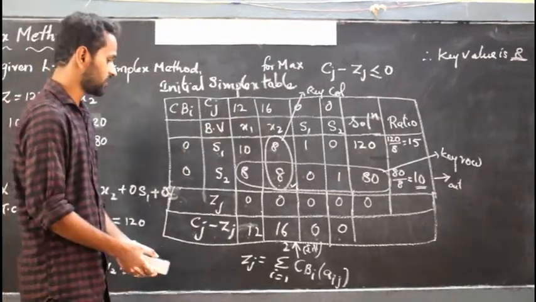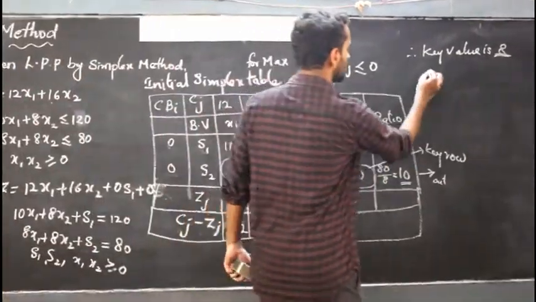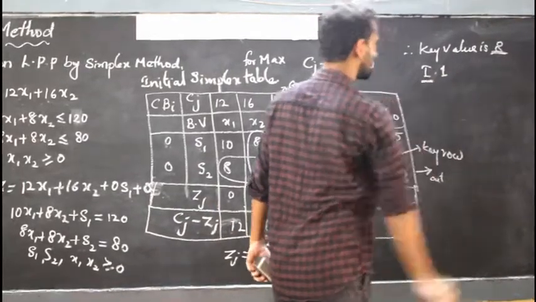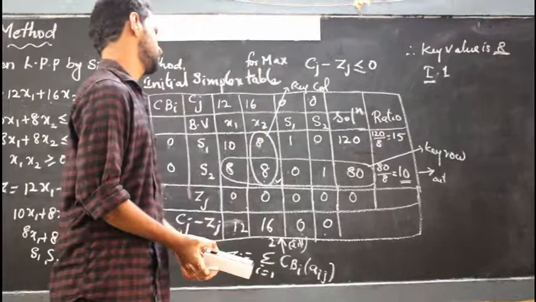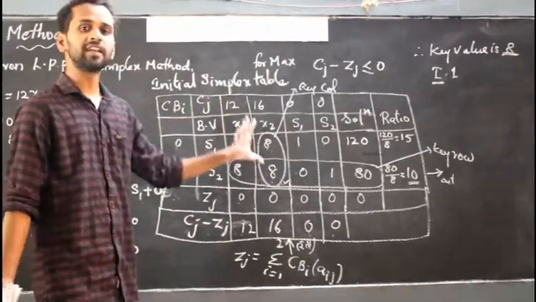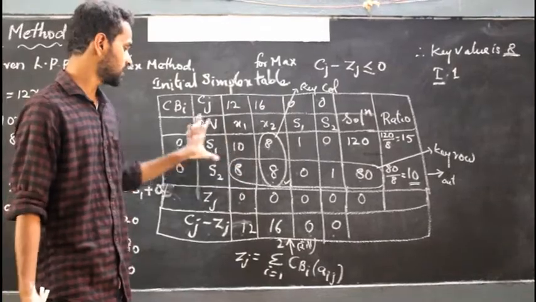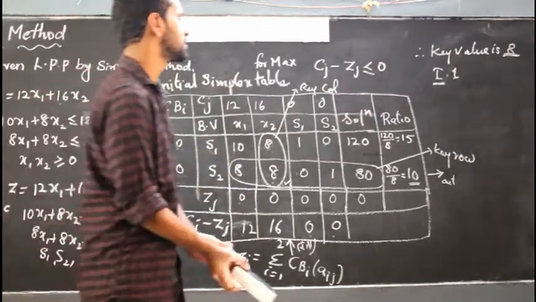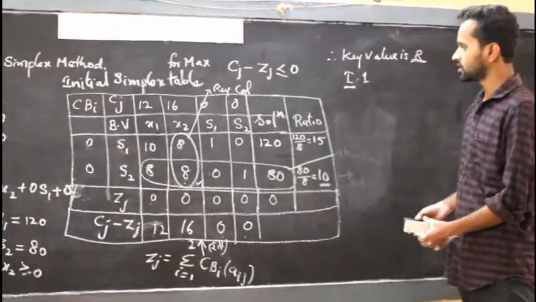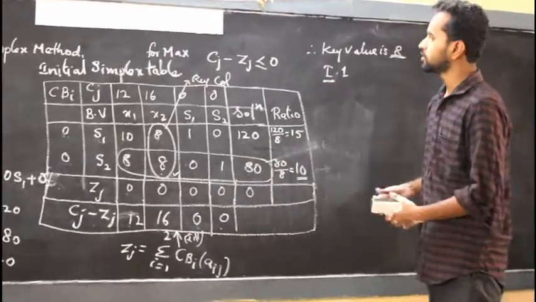How do we get that? Look at it, iteration 1 table, I mentioned I1 is called iteration 1. When I go for iteration 1, I will retain the same table and just change a few things here, everything else will be the same. So we know the key row and the key column.